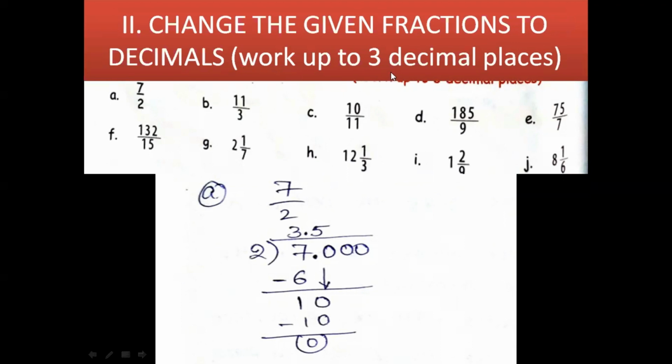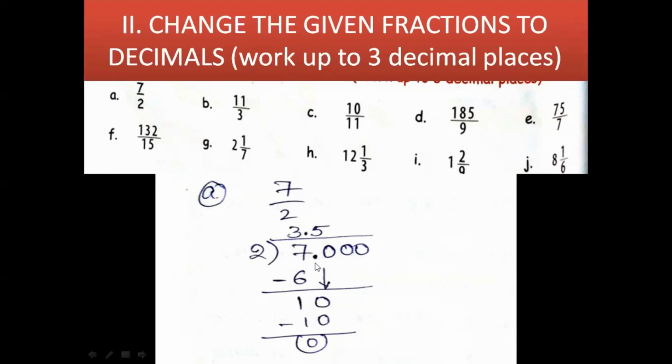Change the given fractions to decimal. Work up to 3 decimal places. For example, 7 by 2. 2 is the divisor. 7 is the dividend. Put point followed by 3 decimal places. Now 2 3s are 6. 7 minus 6, difference is 1.